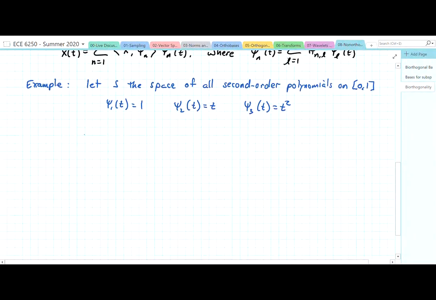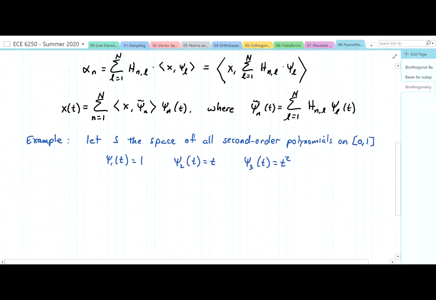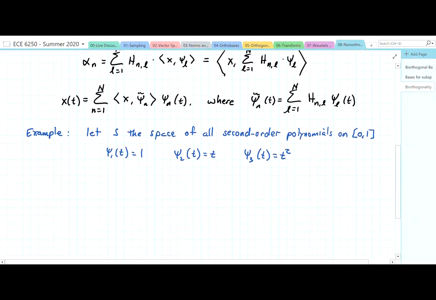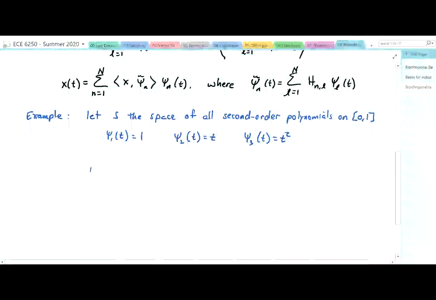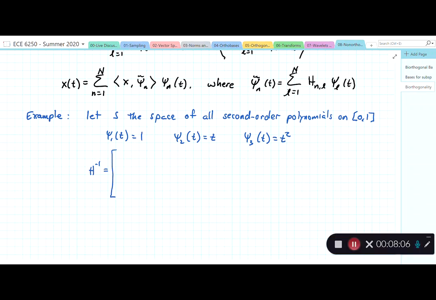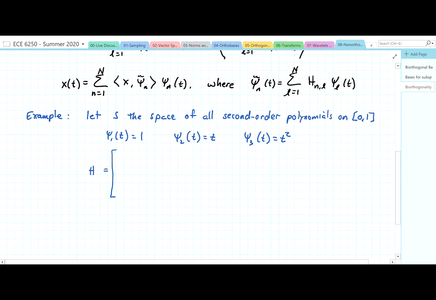So now, we define H to be the inverse of the matrix with rows 1, 1/2, 1/3; 1/2, 1/3, 1/4; 1/3, 1/4, 1/5.